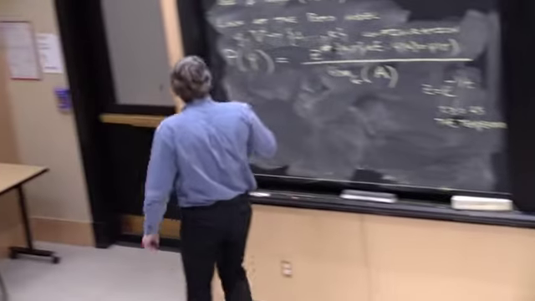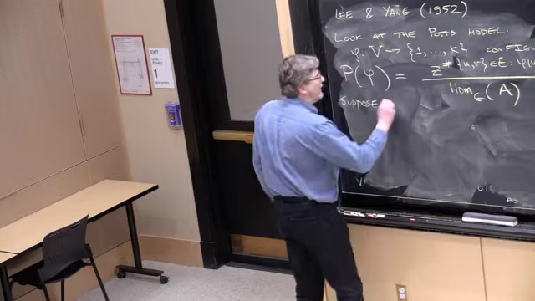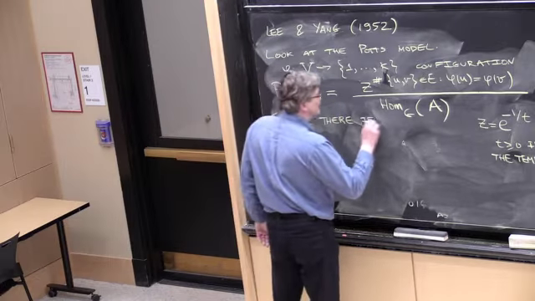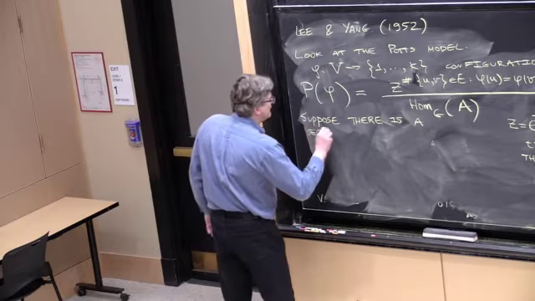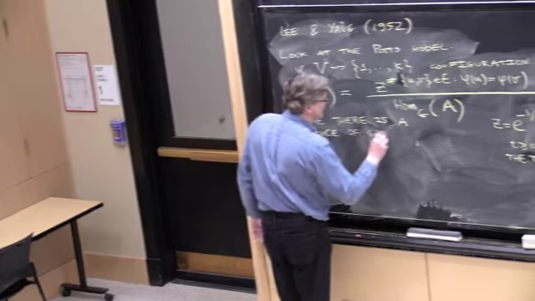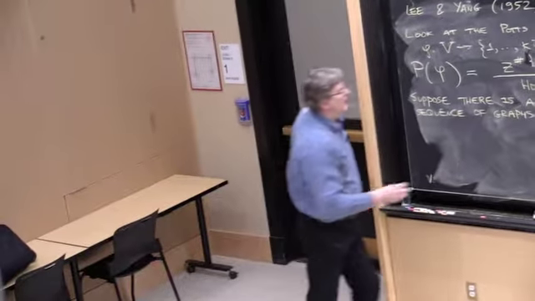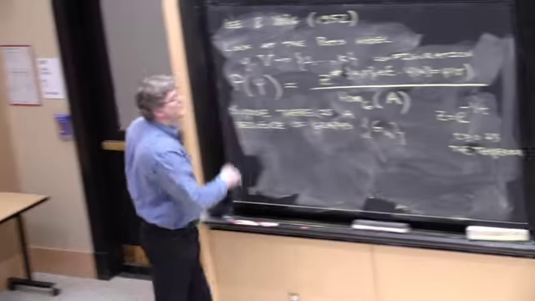But what they said is that suppose there is a sequence of graphs growing in some regular way, so that the number of vertices grows.